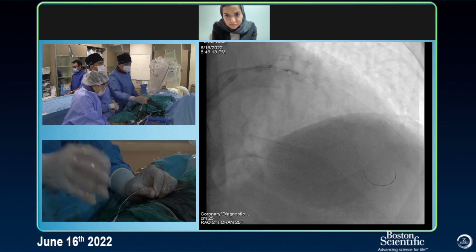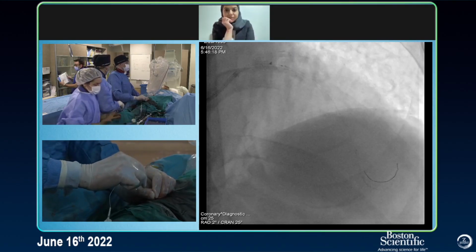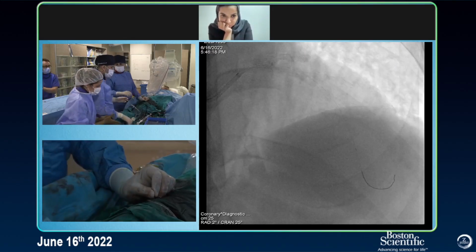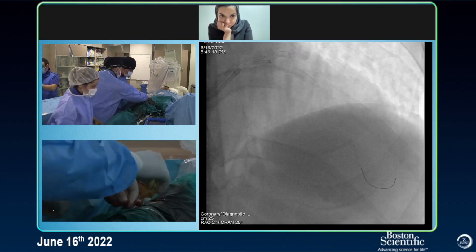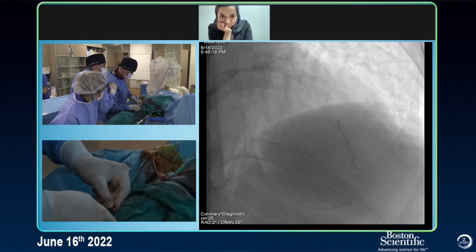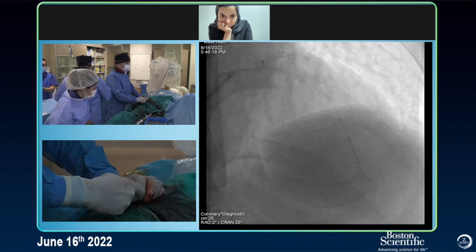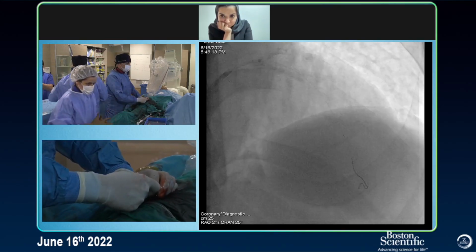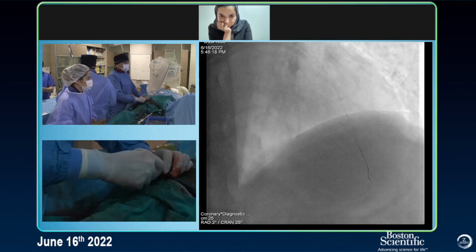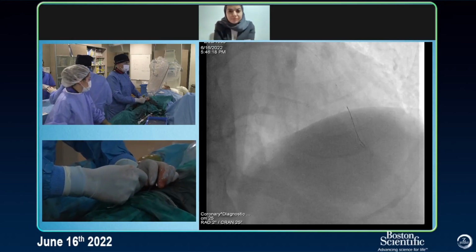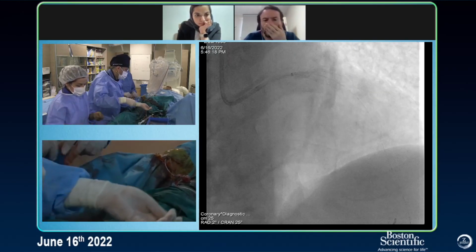So 12, 12. 28. Down. 3.28. Stent. Be careful. Stent. Yes. Oh, stent okay. Good closing option. Okay.